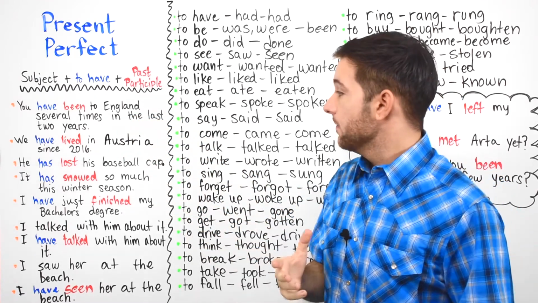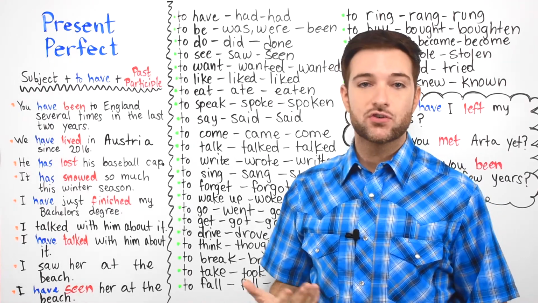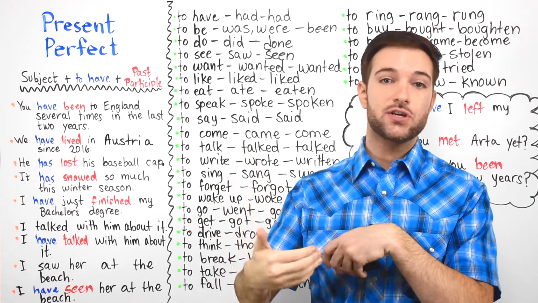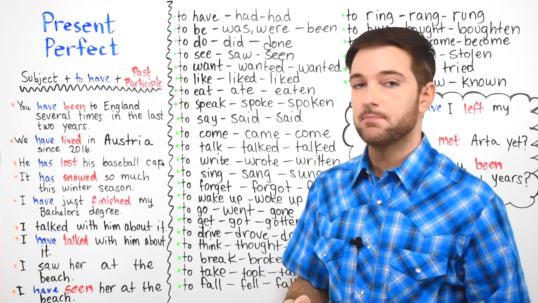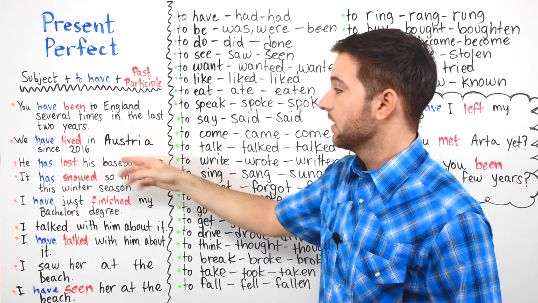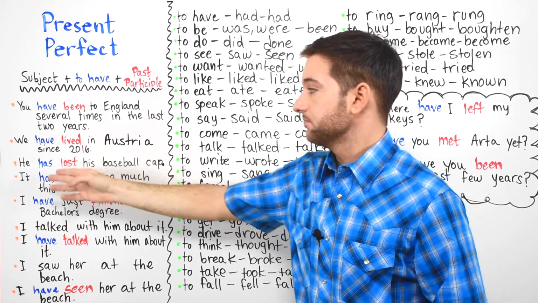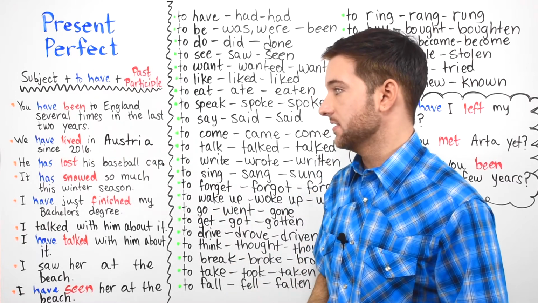Now, people also use this tense when they want to describe an action that started in the past, but still continues all the way till now. Okay, all the way to this very day. Like in this one here. We have lived in Austria since 2016.